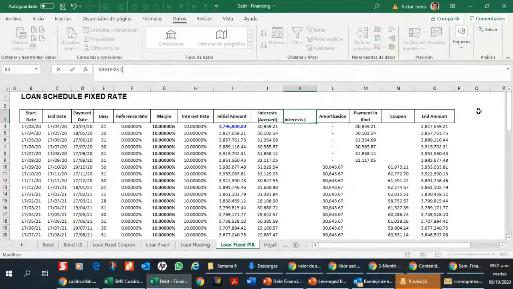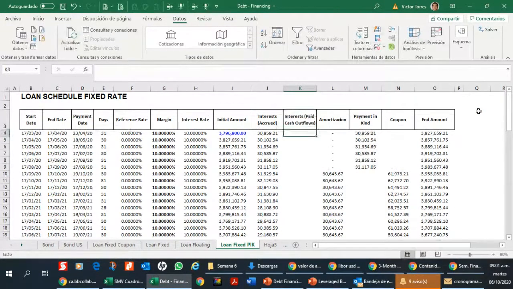These are paid outflow. They are capitalized for the first 6 months, right? Increasing the principal payment to 3,983,000, right?